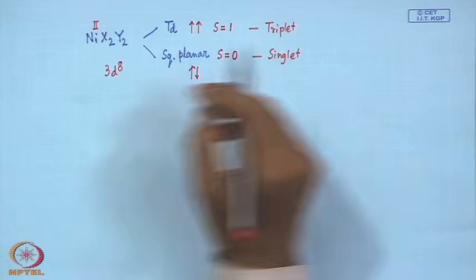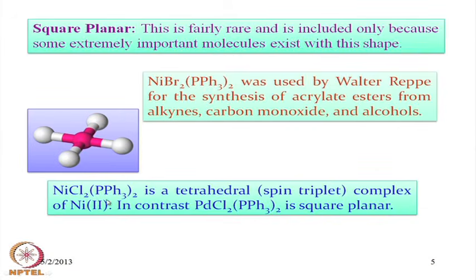So, in terms of this singlet and triplet definition, wherever we get a compound of 3d8 electronic configuration which is tetrahedral, that means we have 2 unpaired electrons, it gives rise to the spin triplet structure of nickel 2. But when we get the corresponding palladium 2 compound having the same number of chloride and phosphine ligands, we get a square planar geometry, that means the geometry is spin singlet.